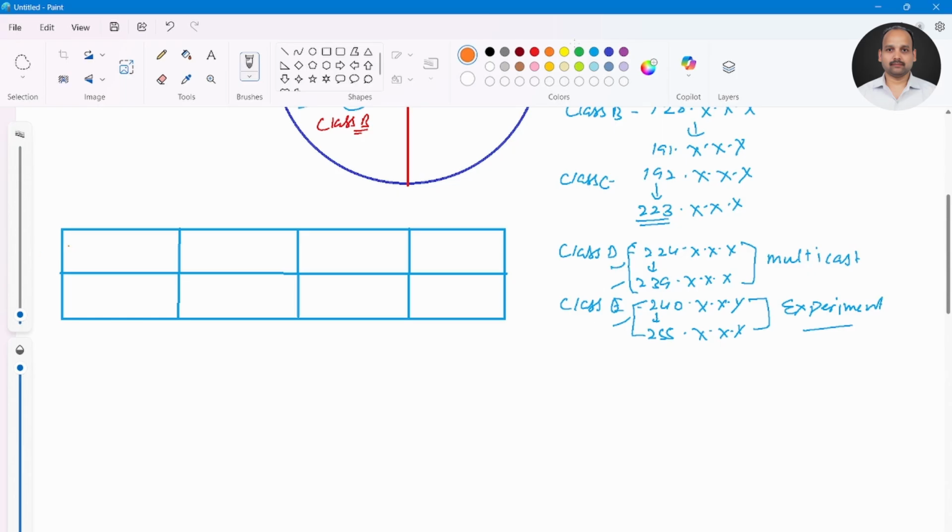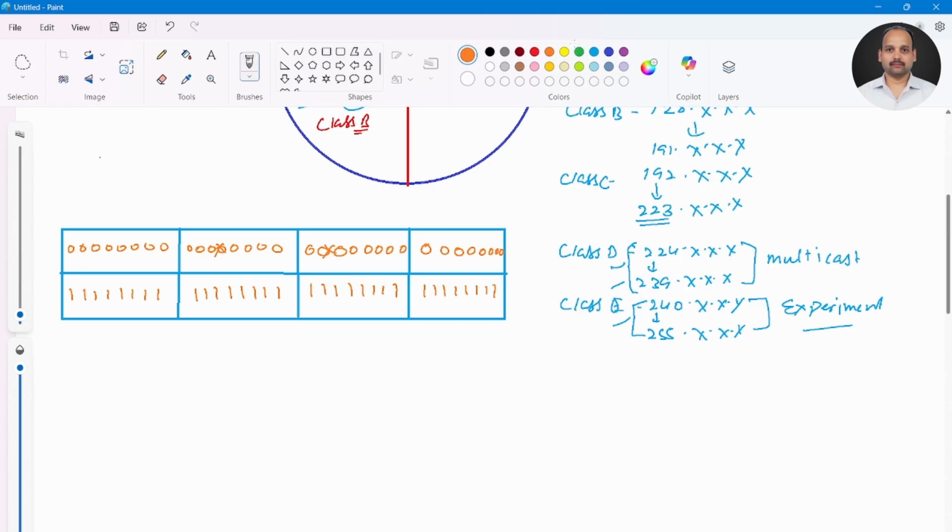So if you see the first octet, 1, 2, 3, 4, 5, 6, 7, 8, each bit can be 0 or 1. The maximum is 8 bits in each of the four octets: 1 to 8, 1 to 8, 1 to 8, 1 to 8.